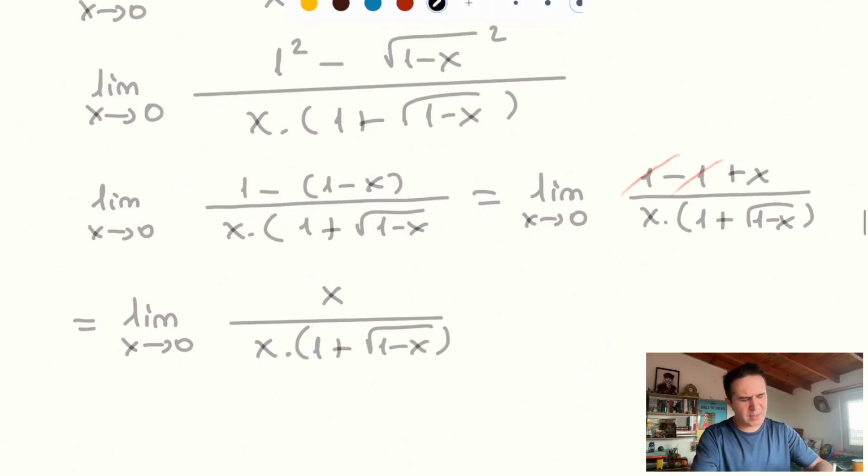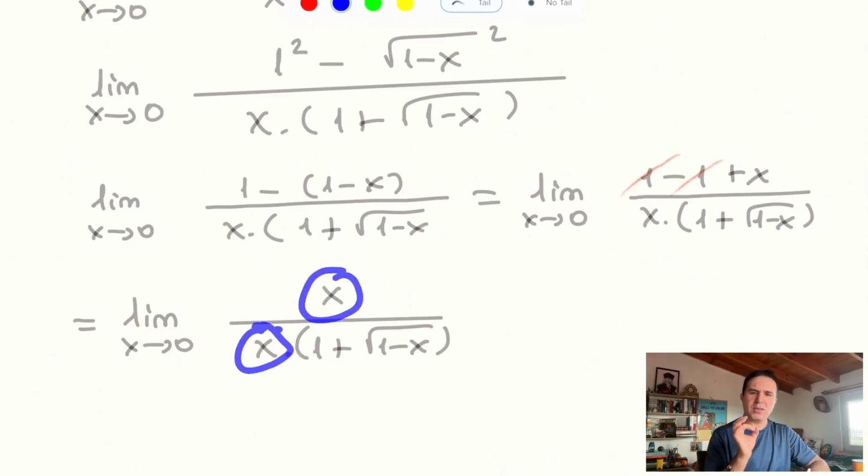Now we have common factors here, x, and these common factors approach 0, but are not 0, so we can cancel them. You should know that x is approaching 0. x will never be 0. So these two numbers are equal and they are different than 0.